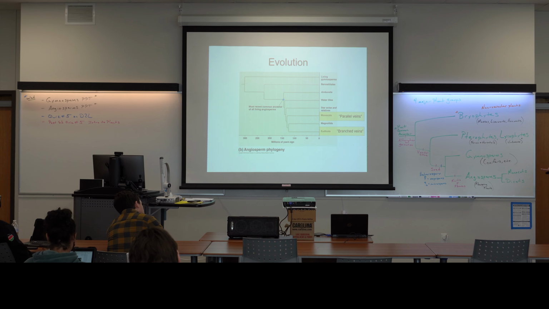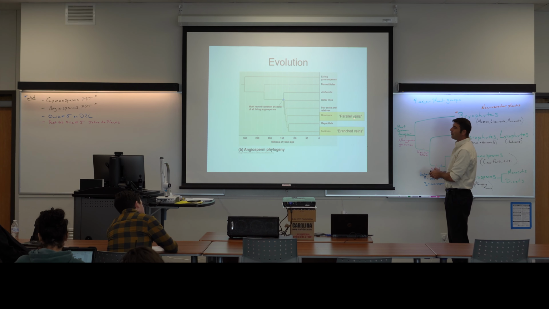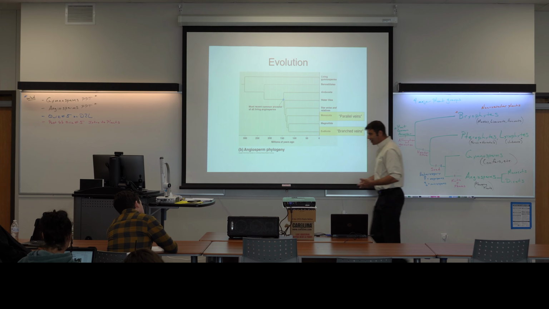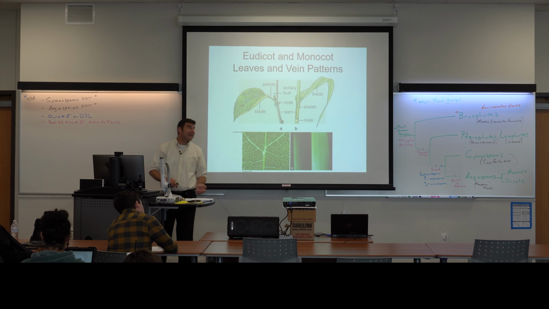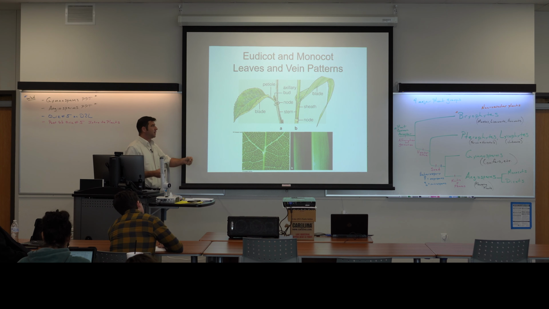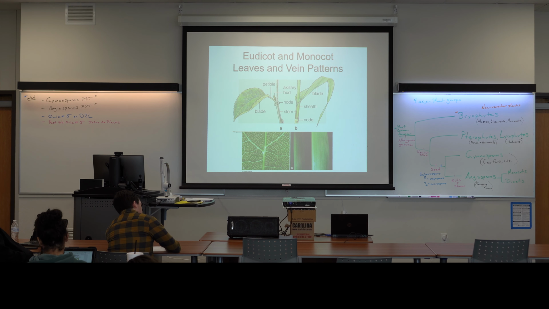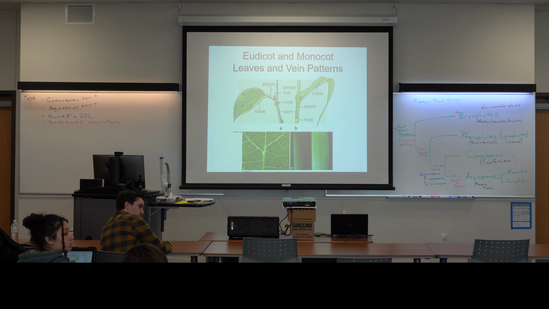So when we compare monocots and dicots, the first characteristic that we can see that's different between the two is that monocots are going to have parallel veins, where dicots are going to have branched veins. What does that mean? Here's what it looks like. If you grab a leaf, and we will have plenty of these in here next week. We have one of them over there right now that we can grab. It's our only angiosperm. If you look at these leaves, you're going to see veins that are branching out.